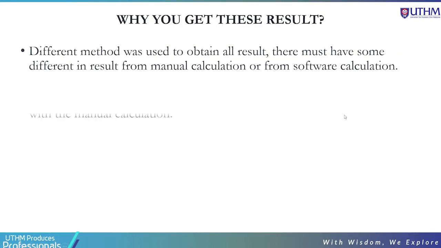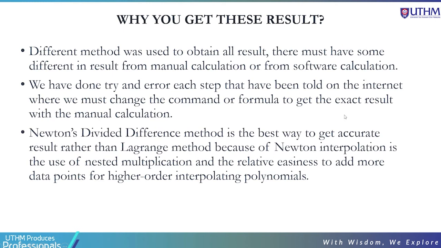Okay, next, why you get this result. Different methods were used to obtain the results, so there must be some difference between the manual calculation and the software calculation. The manual calculation was done according to the method learned in class and referenced through the internet. To solve the calculation in the software, we must find it through the internet. We did trial and error on each step told on the internet, where we must change the command or formula to get the exact result of the manual calculation.